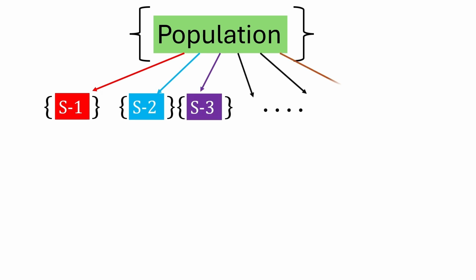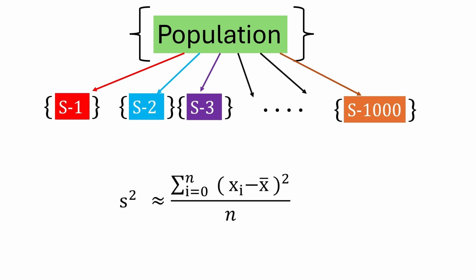Suppose we have a population from which we have taken many samples. Let's say we have taken 1000 samples, where each of these S1, S2, S3 represents a unique sample. And for each sample, we estimated the population variance using this biased formula, the sample variance formula.